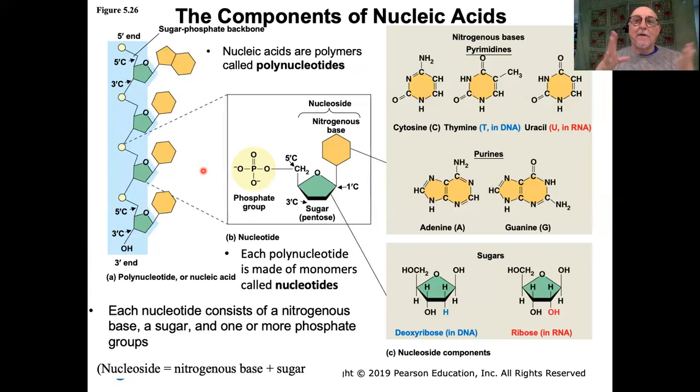He knew nothing about the structure of DNA at all, but he could analyze the percentage of these different nucleotides. And he realized that whenever you measured the amount of cytosine, you always had the same amount of guanine, and whenever you measured the amount of thymine, you always had the same amount of adenine.